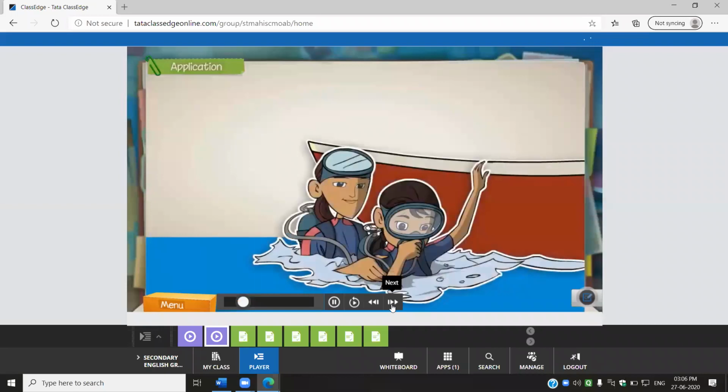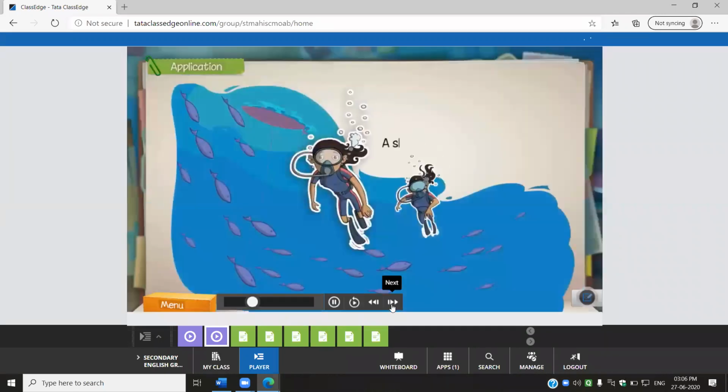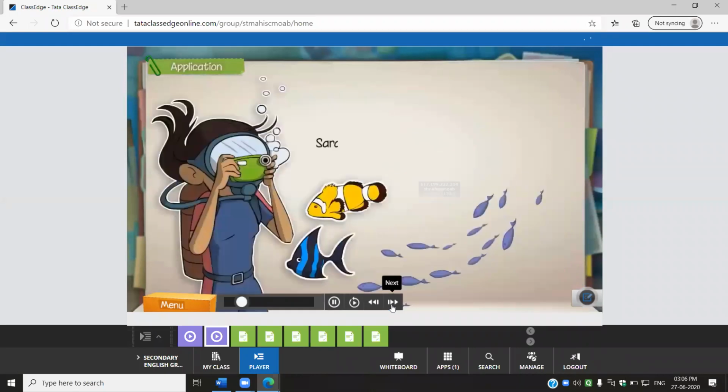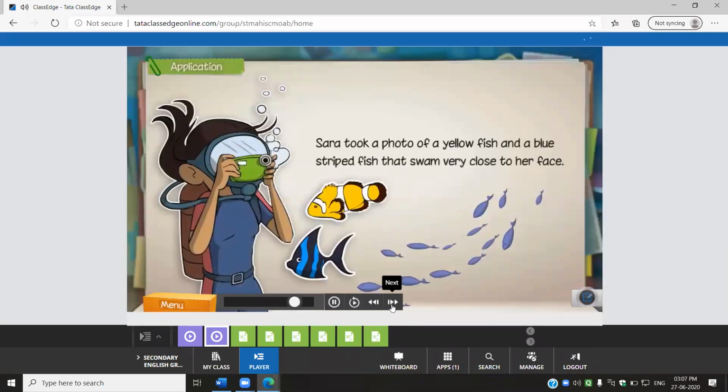The instructor helped Sarah into the water. A shoal of colorful fish swam by. Sarah took a photo of a yellow and a blue striped fish that swam very close to her face.